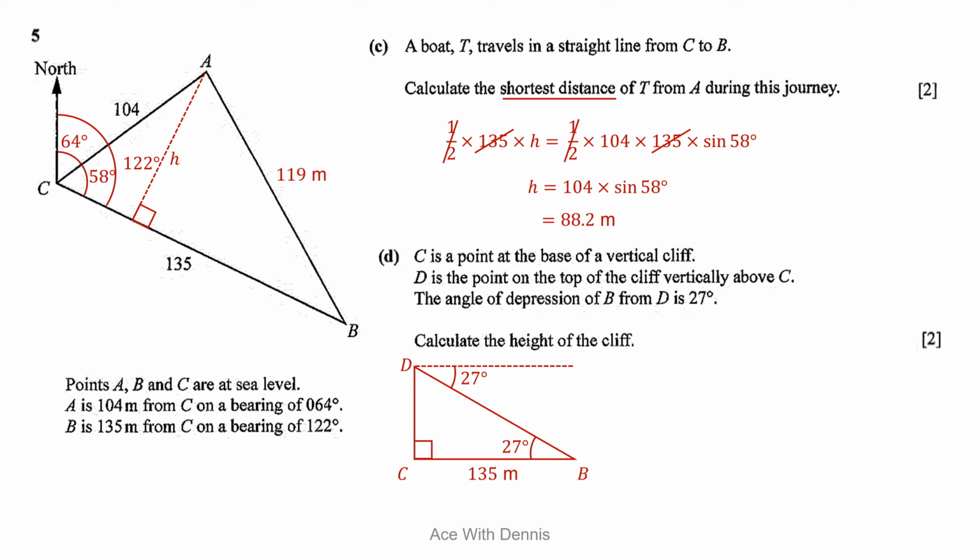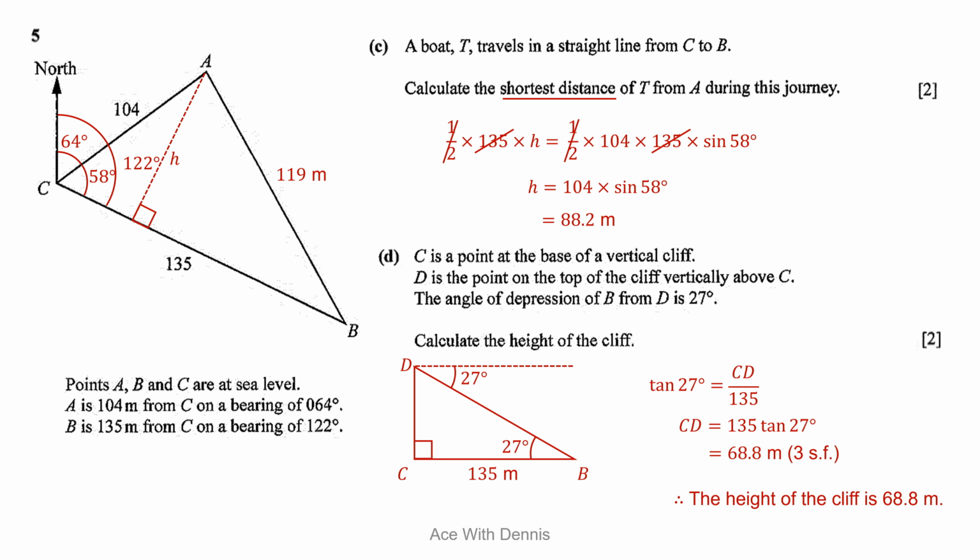Right, we need to find the length of DC here. We can use tangent 27 degrees equals CD over 135. Hence, CD will be 135 times tangent 27 degrees, which is 68.8 meters to 3SF. Hence, the height of the cliff is 68.8 meters.